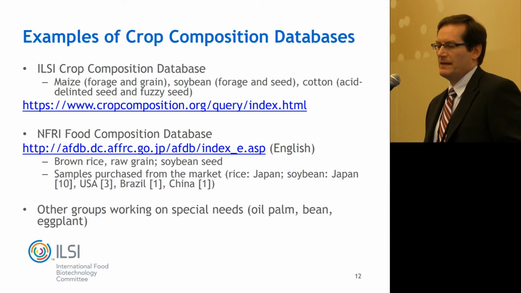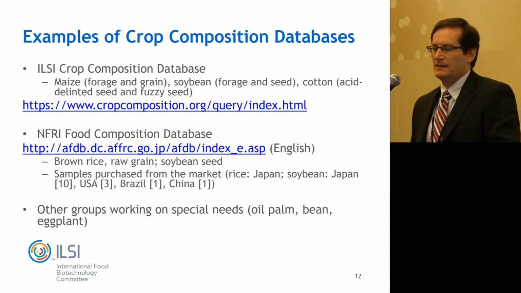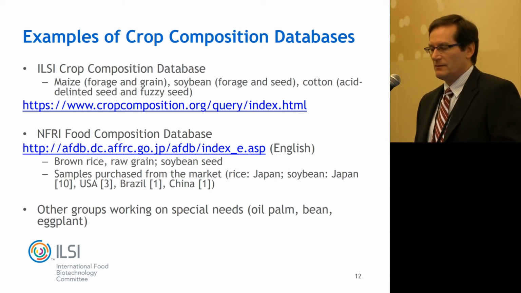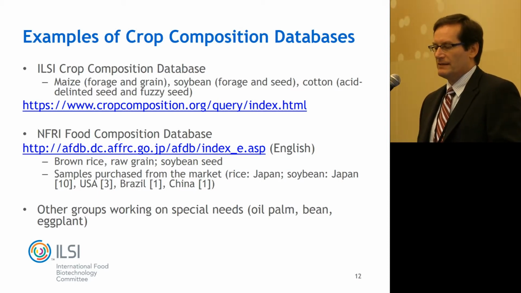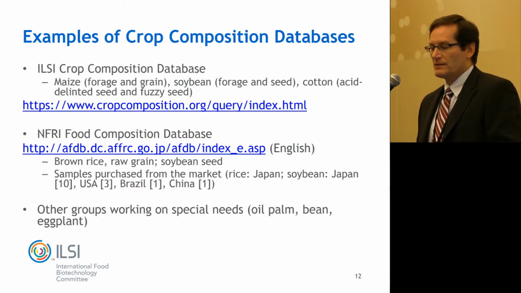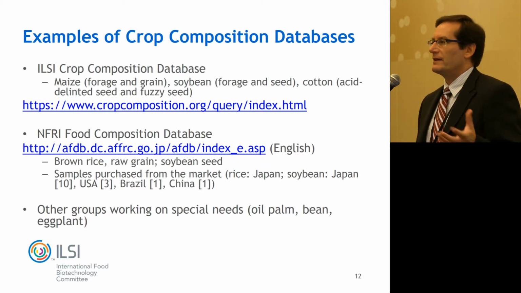So just to mention some of the databases, of course, our ILSI database at cropcomposition.org. It's very user-friendly. In Japan, they've also come up with a database looking at rice and soybean seed. And actually, they've included not only comprehensive data from field trials that were conducted within Japan, but also they recognize that really these databases need to reflect what's present in the marketplace, not just what's present in a particular experiment.